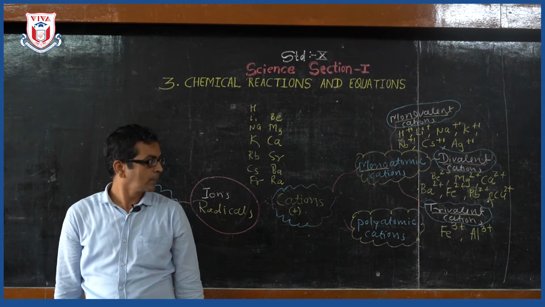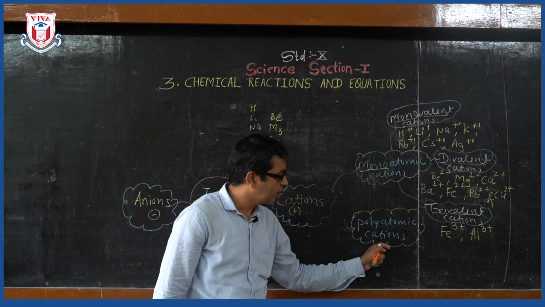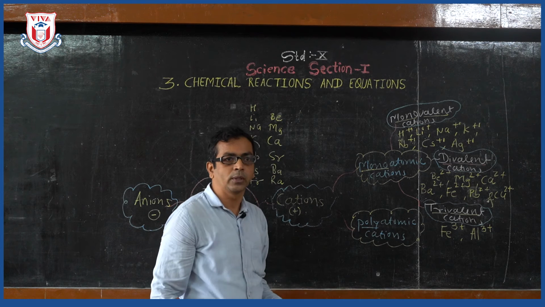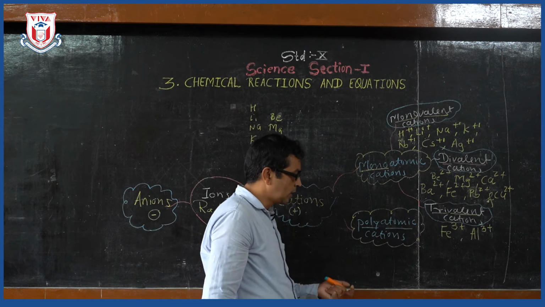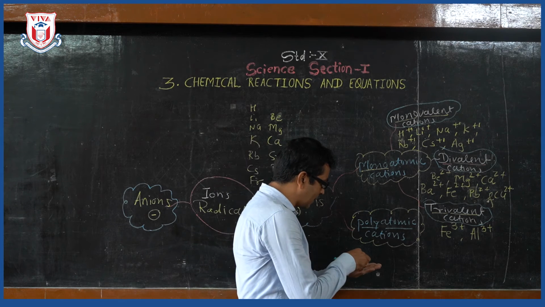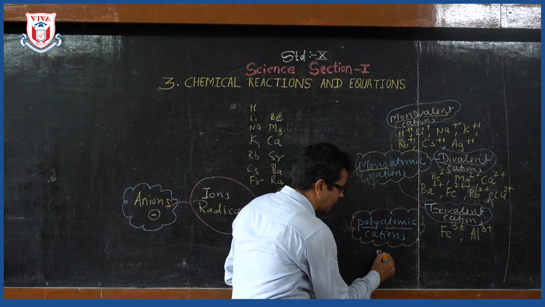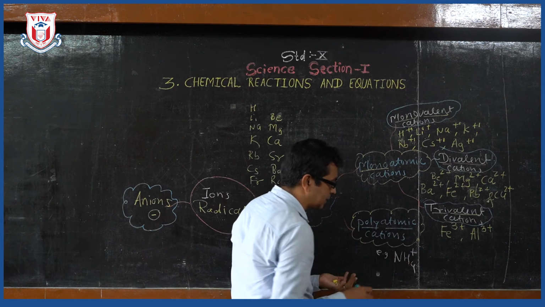Okay, now we will go to the second type, that is polyatomic cations. Poly means more than 2 atoms, then it is called polyatomic. So here, an example of polyatomic I can write is NH4 plus.